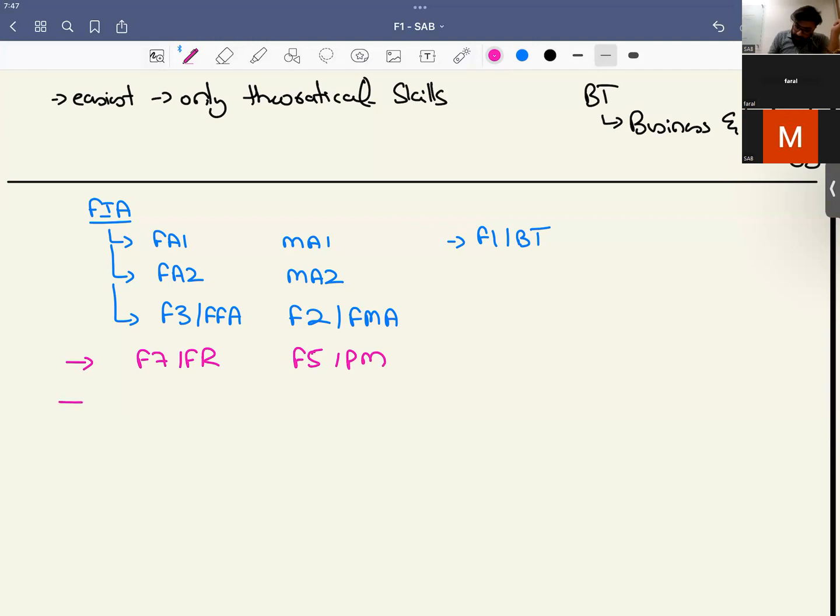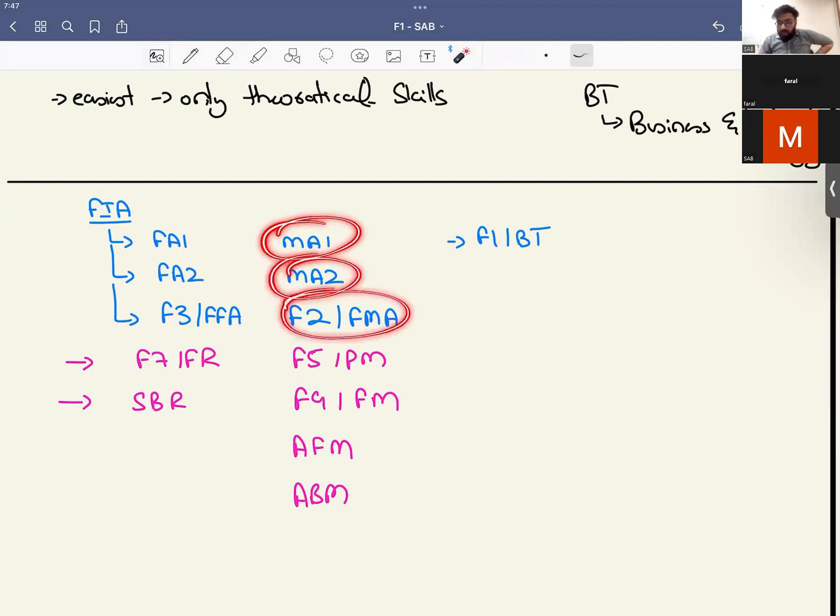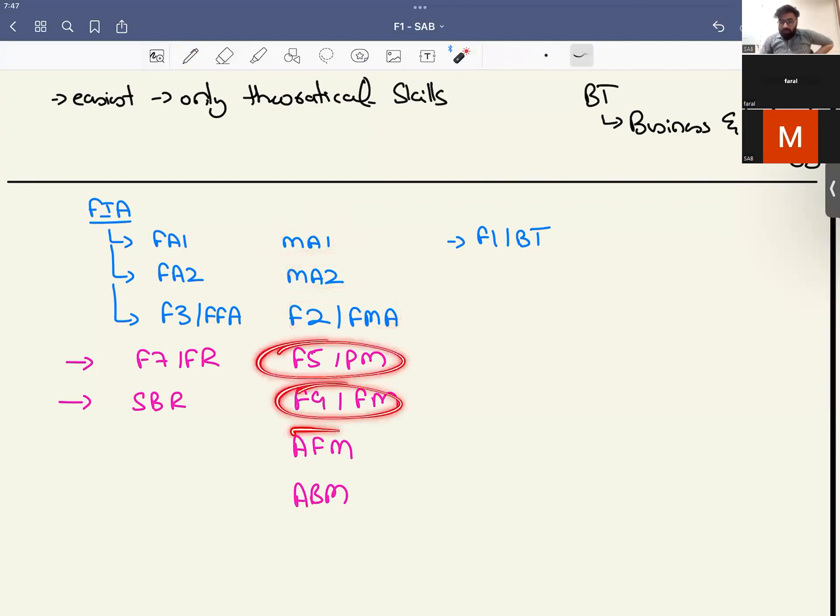Then there is SBR. Then there is F9, FM. Then there is AFM and APM. So there are chains, like costing and management accounting starts from MA1, then goes to MA2, then to PM, FM, and similarly the financial accounting goes like this.